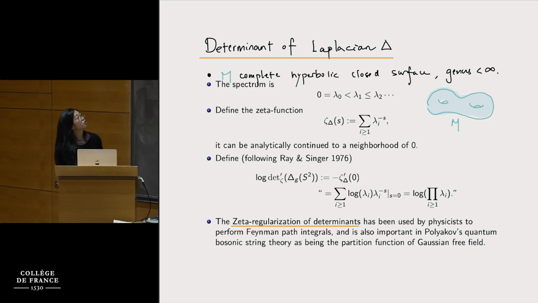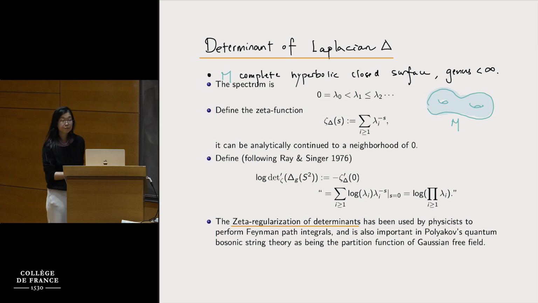The zeta function is defined the same way as the Riemann zeta function, but where you replace 1, 2, 3, 4 by lambda 1, lambda 2, lambda 3, lambda 4. The sum is well-defined for the real part of s larger than 1, but you can do an analytic continuation towards 0. And the log determinant of the Laplacian is defined by minus zeta prime at 0.